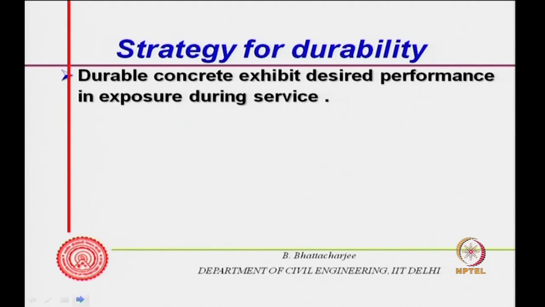Possibly carbonation as a function of the square root of time is experimentally validated. Many things could not be experimentally validated because of the long term required. Accelerated tests quite often may not actually represent the real situations.